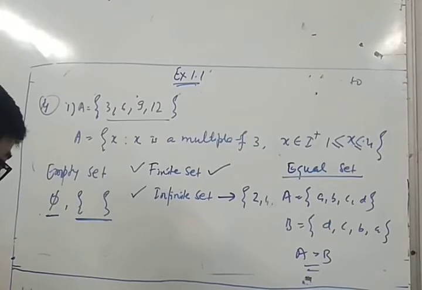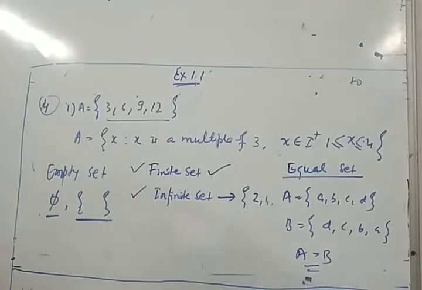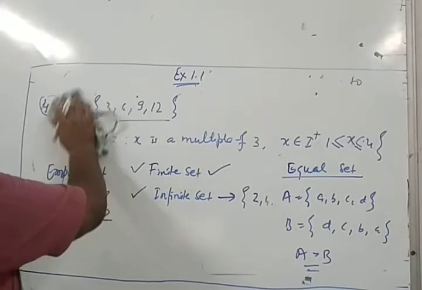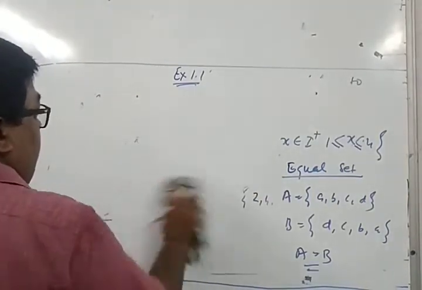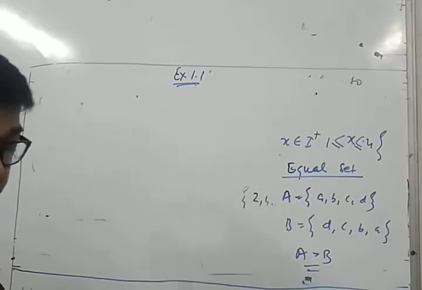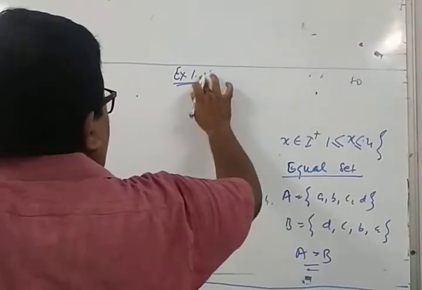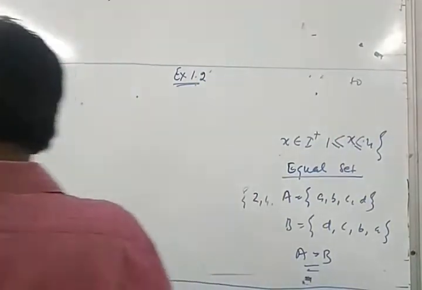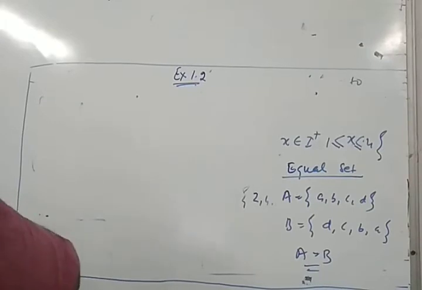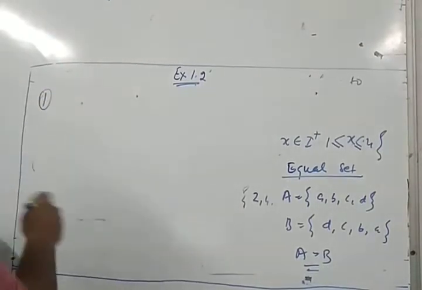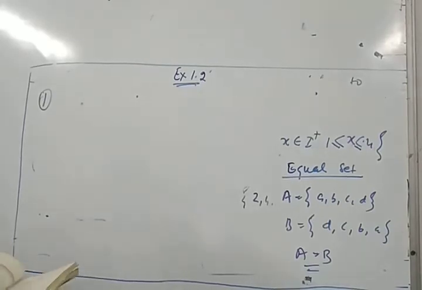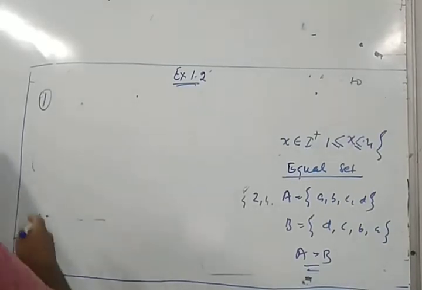So now I am taking some questions from exercise 1.2. Which of the following are null? They have given many parts and are asking whether it is a null set or empty set or not.